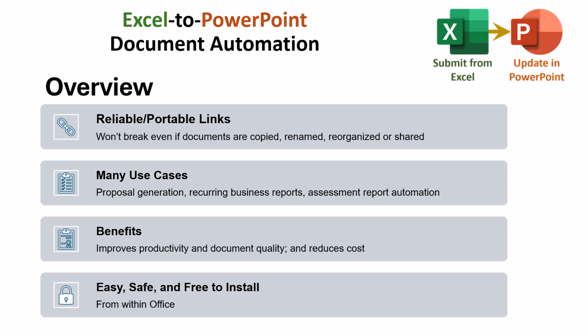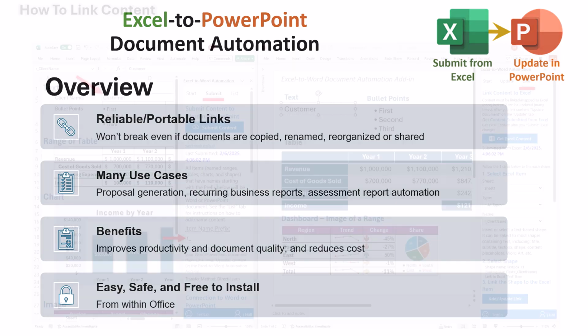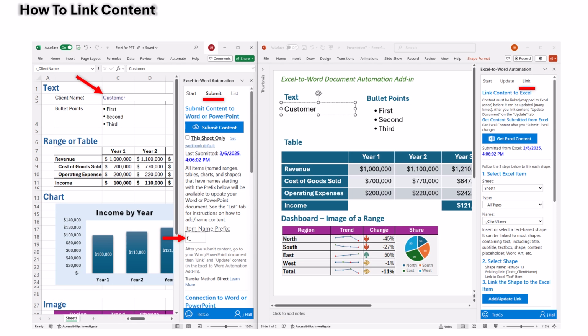The add-in improves productivity and document quality by reducing copy-paste errors, and it minimizes costs by avoiding expensive document automation applications. Plus, you can easily install the add-in directly from your Microsoft application, and it is Microsoft 365 certified.